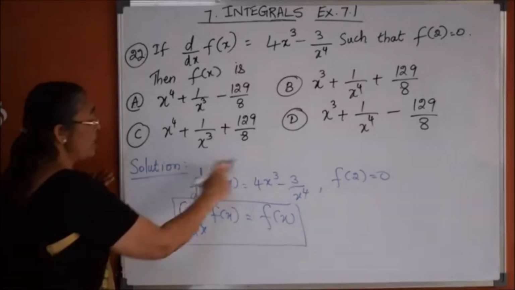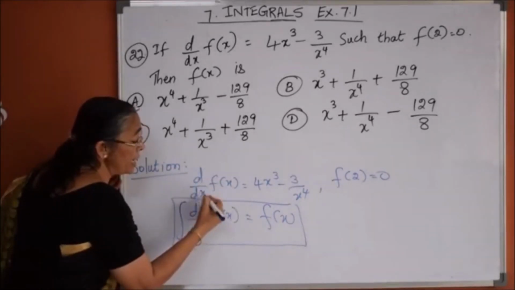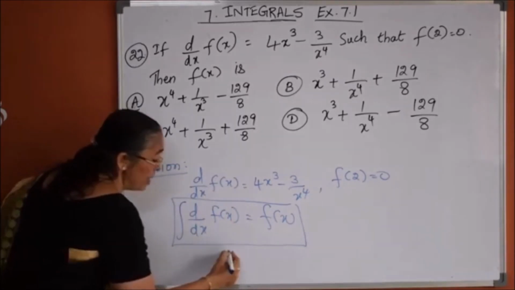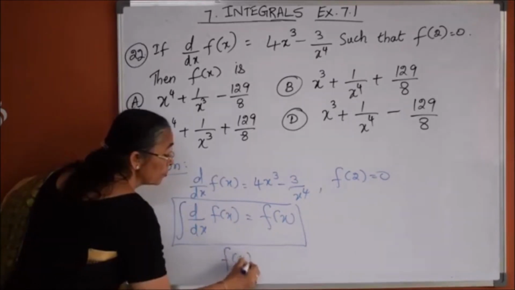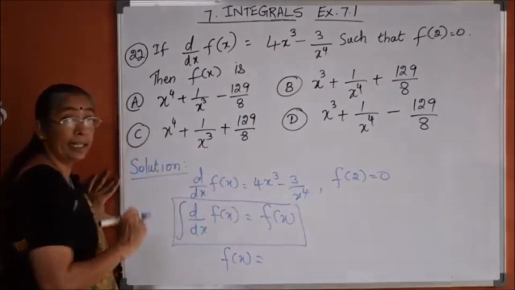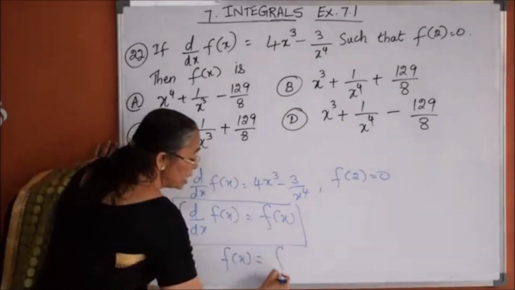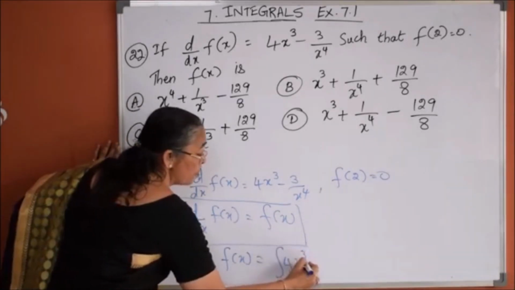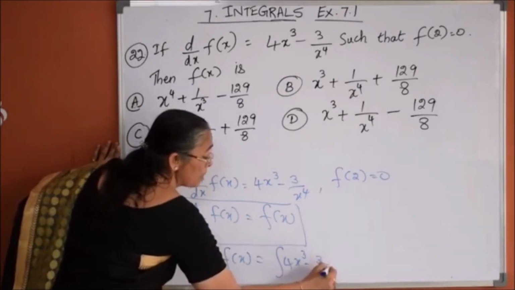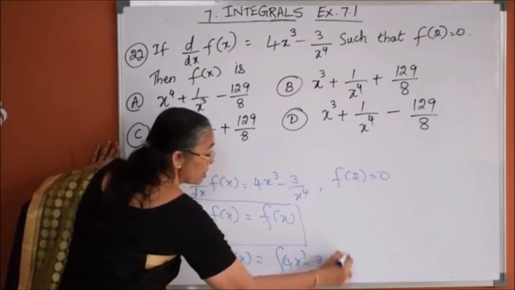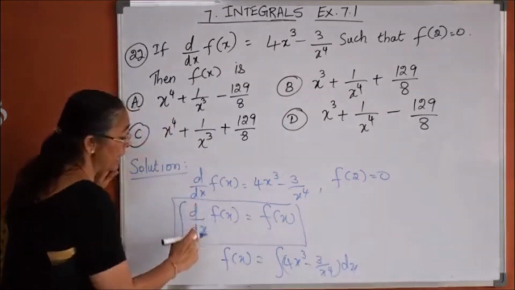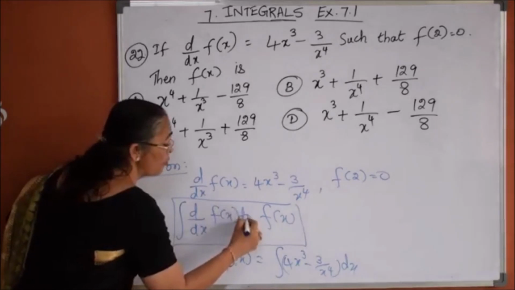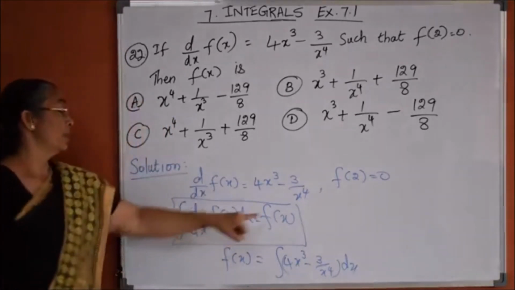So, integrating both the sides. d by dx of f of x integrated is nothing but f of x, which is equals to, now integrating the right hand side, integration of 4x cube minus 3 by x to the power of 4 dx. Now, integration of d by dx of f of x dx is equal to f of x.